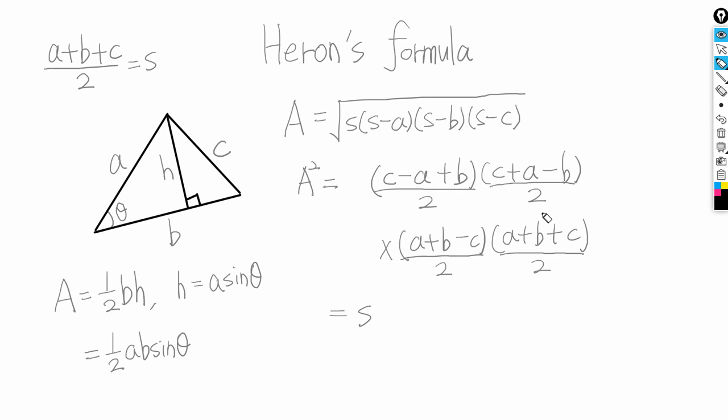And if we switch signs in each side length, the first factor is equal to s minus a, and the second factor is equal to s minus b, and the third parenthesis is equal to s minus c. And finally, if we take the square root on each side, we can see that Heron's formula comes out.